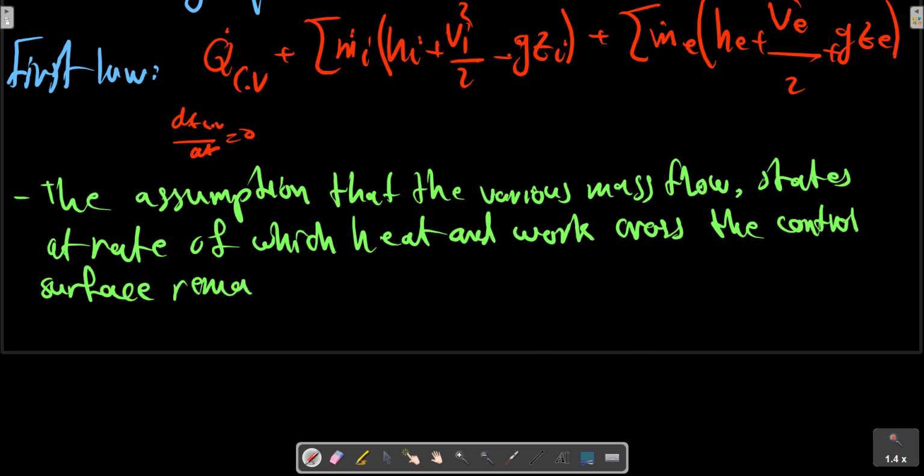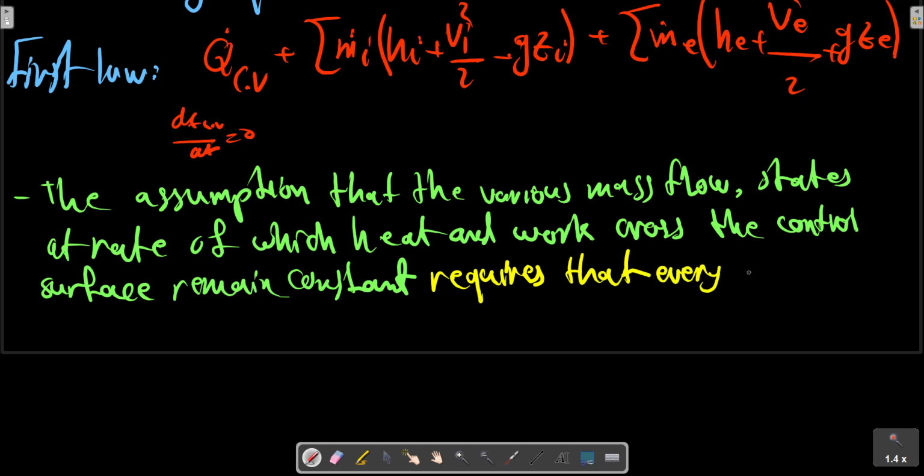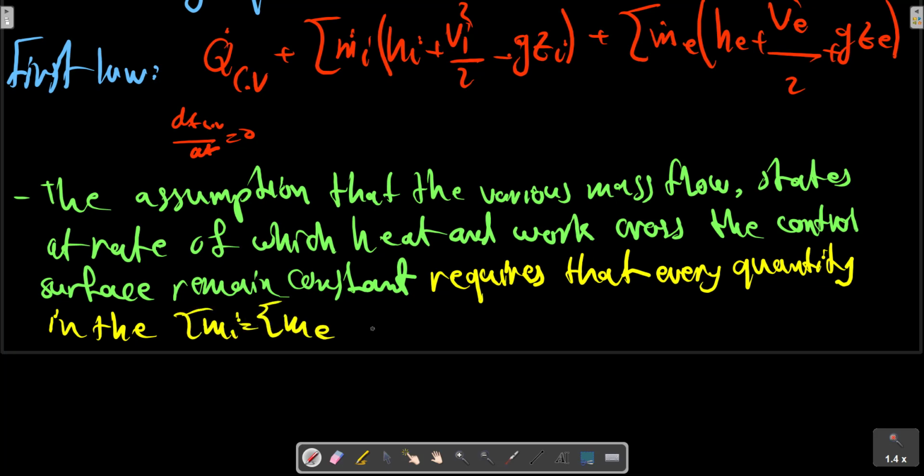This requires that every quantity in the continuity equation and also in the first law be steady with time.